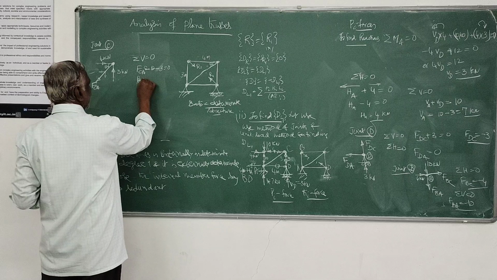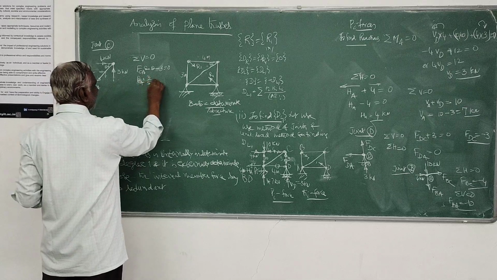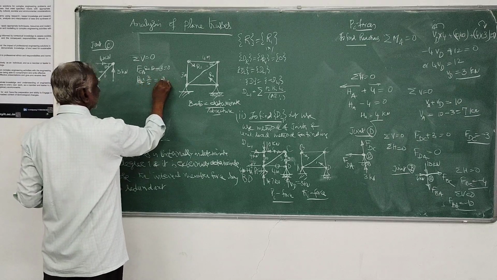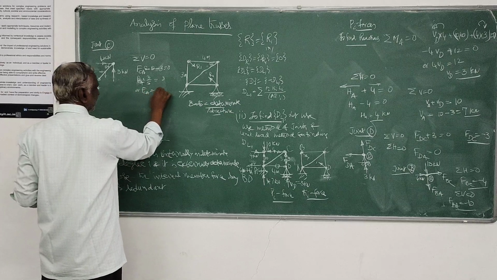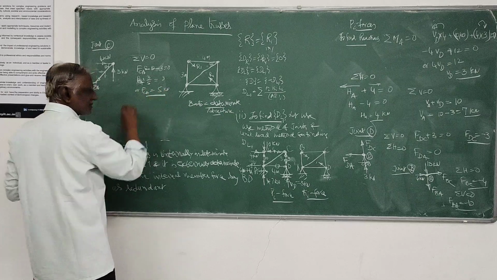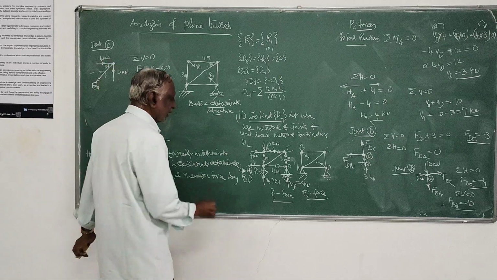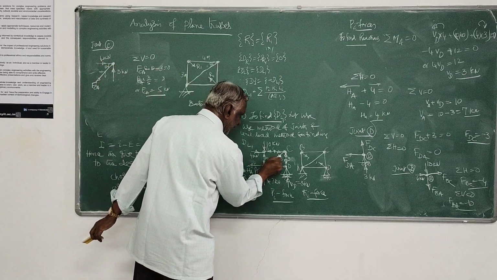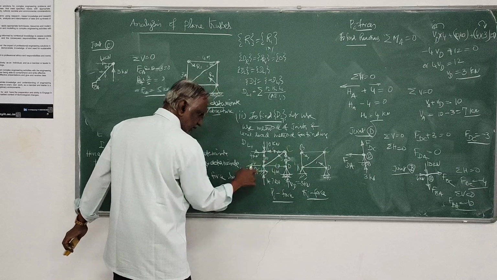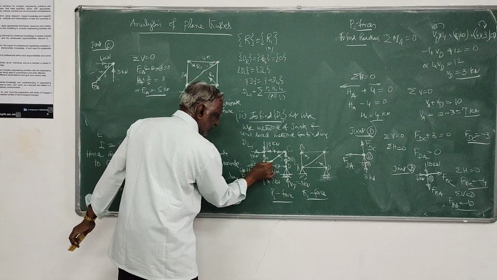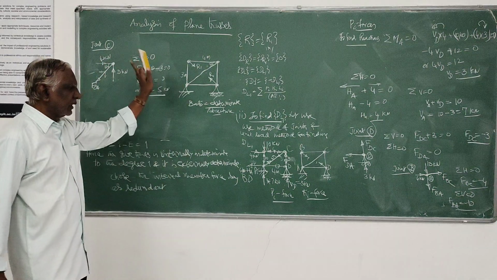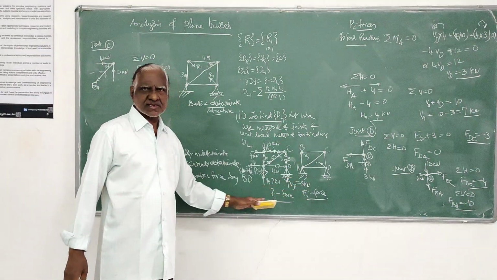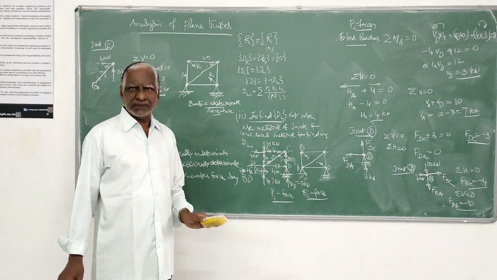So FCA times 3 divided by 5 is equal to 3, or FCA is 5 kilonewtons. So positive you are getting, that means whatever direction you have chosen, okay, like this, here also it is like this, so this is 5. So thereby all these member forces have been completed.